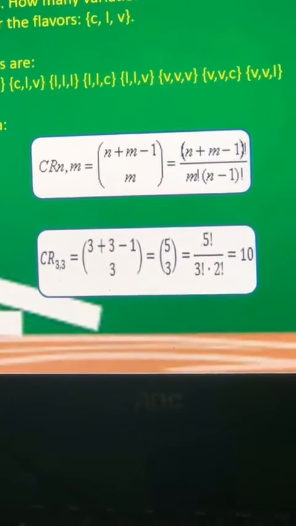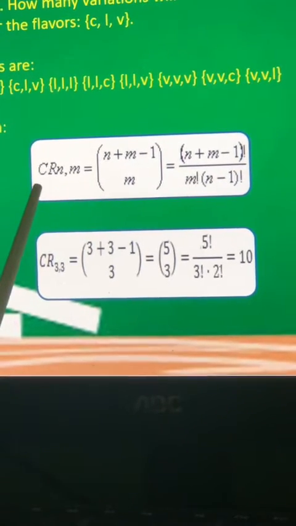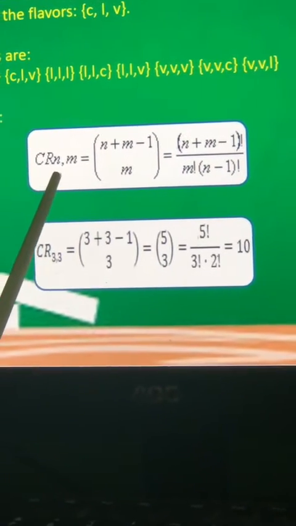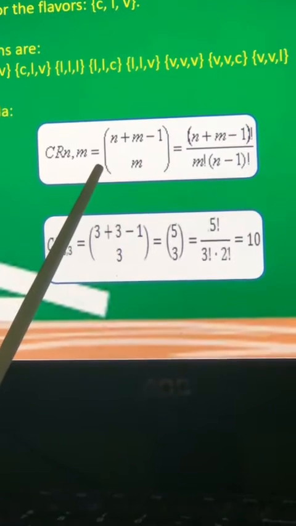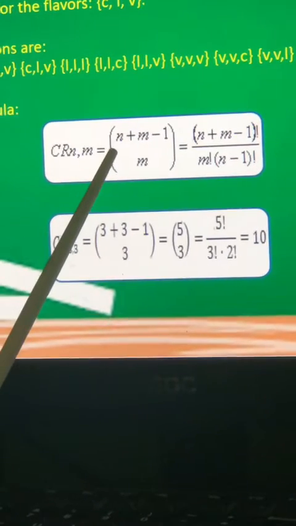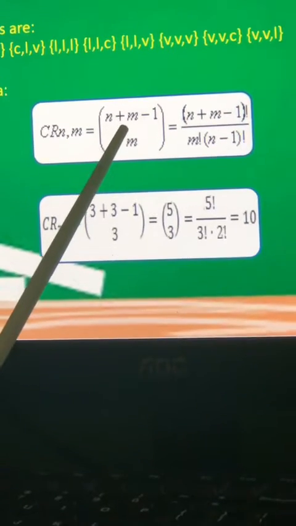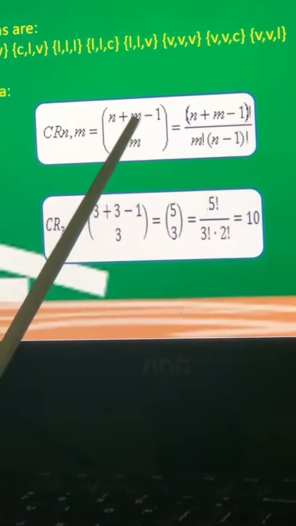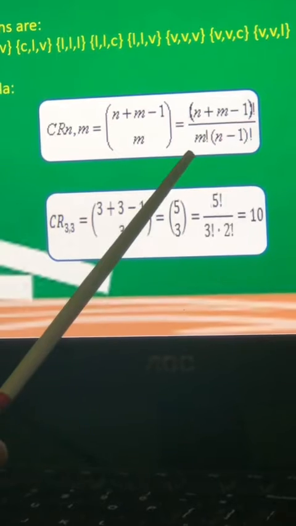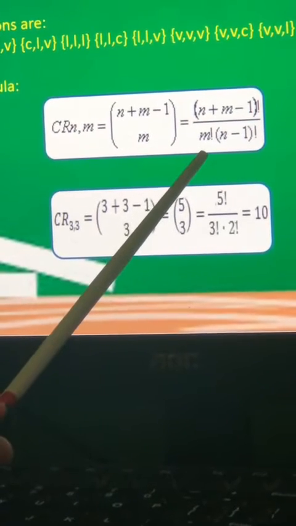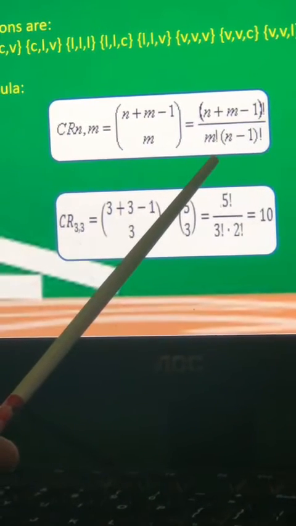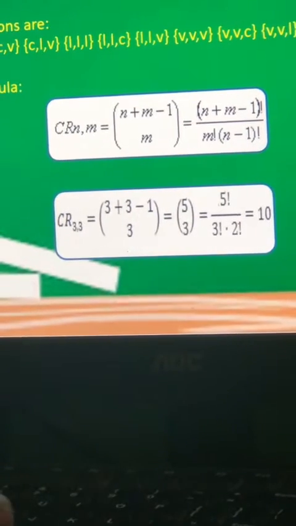So using the formula, C with repetition of n and m equals (n + m - 1) over m, which equals (n + m - 1)! over m! (n - 1)!.